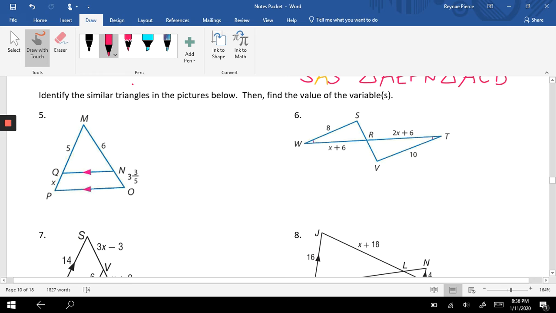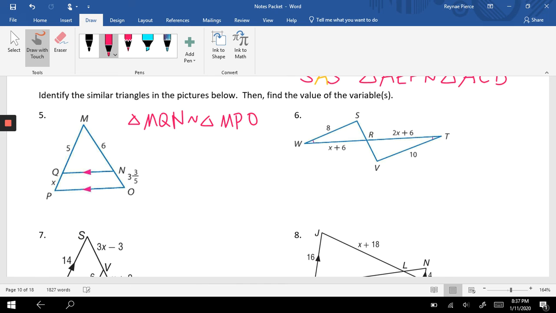So in this first one, we first had to identify the similar triangles, okay? So I see that triangle MQN is similar to triangle MPO. Okay.